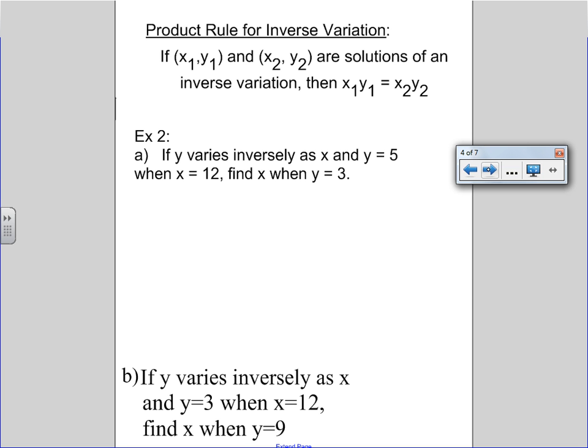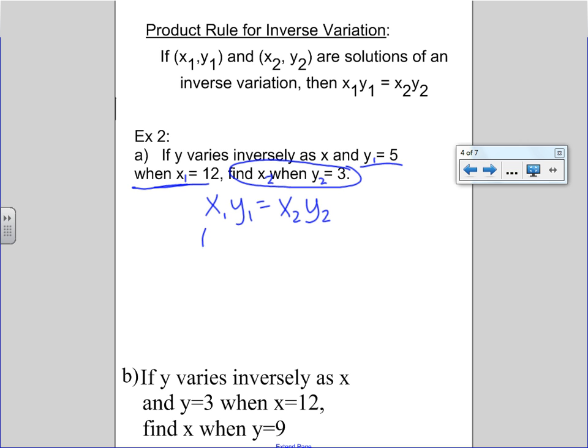So if y varies inversely as x and y equals 5 when x equals 12, find x when y equals 3. So these two go together, and then we want to find it when this is the case. So we're going to call this x1, y1. We're looking for x2 when this is y2. So my equation is x1 y1 equals x2 y2.